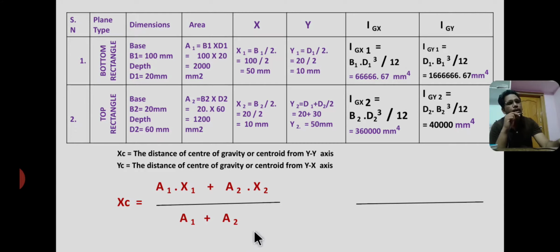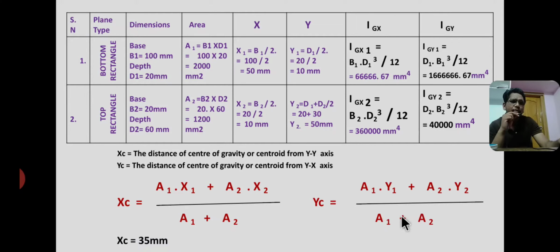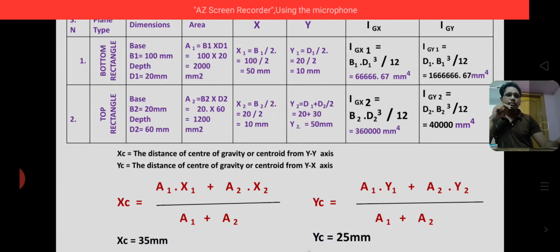The total area of the L section equal to a1 plus a2. Therefore the answer xc equal to 35 mm. Similarly yc equal to a1 y1 plus a2 y2 by a1 plus a2, and the answer is yc equal to 25 mm.